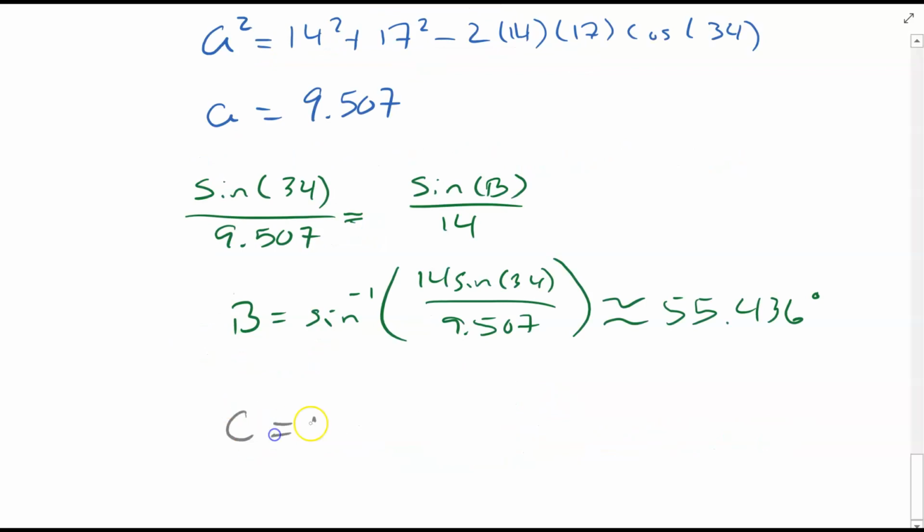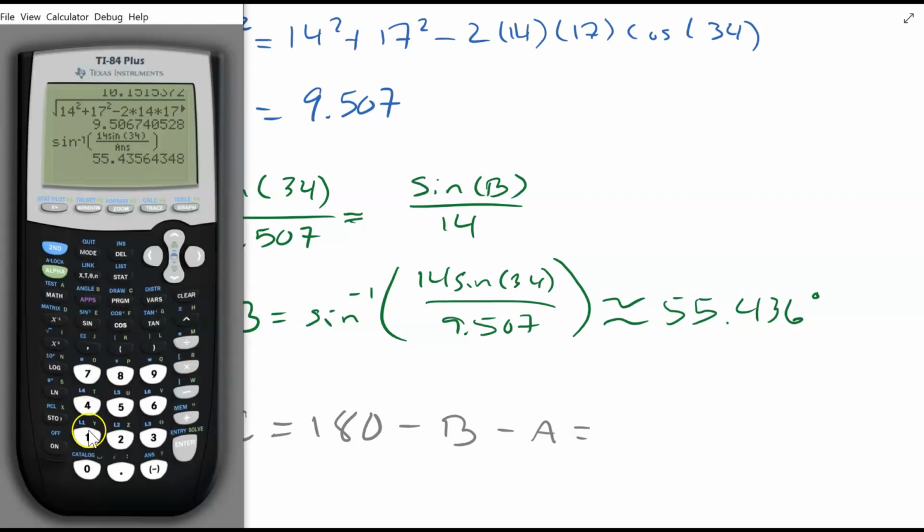And that's going to be super easy, because I can just do triangle sum theorem to get that. So I get 90.564.